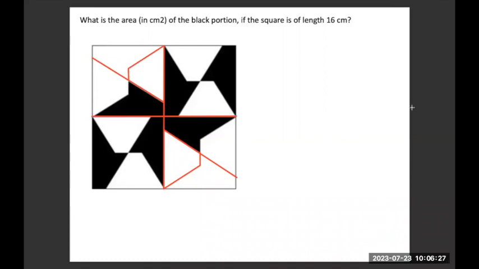Naishi, correct answer. Tisha, correct answer. All right. One more line I'll draw and you'll find the correct proportion.